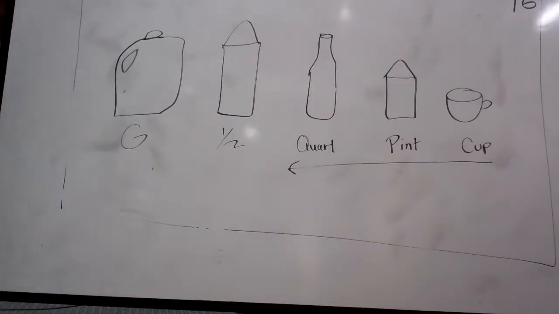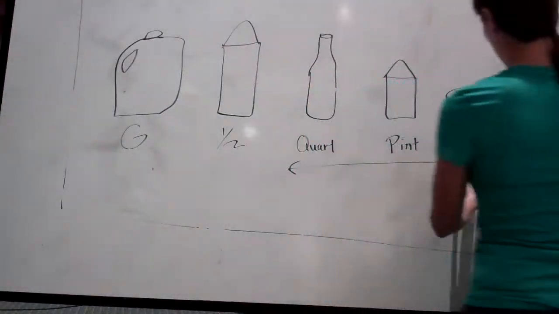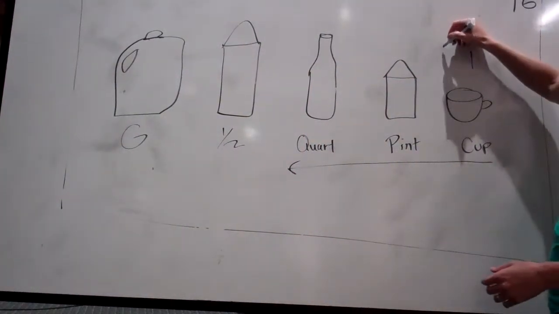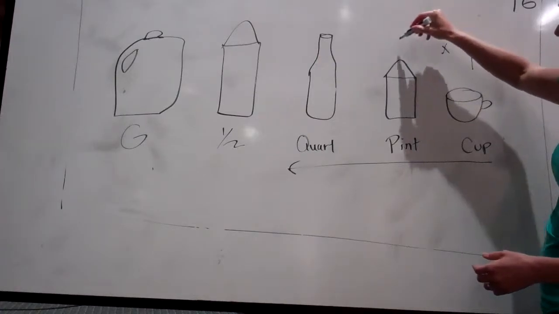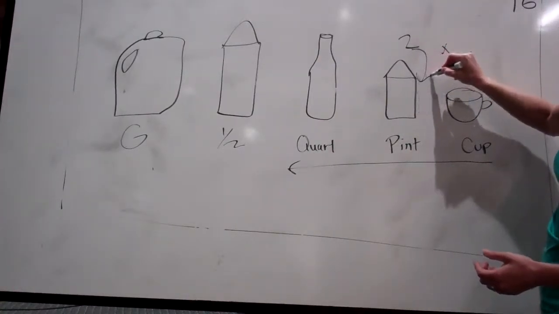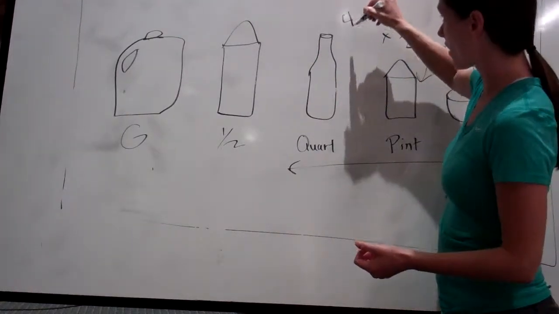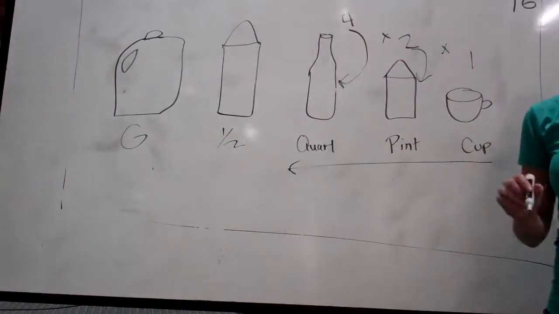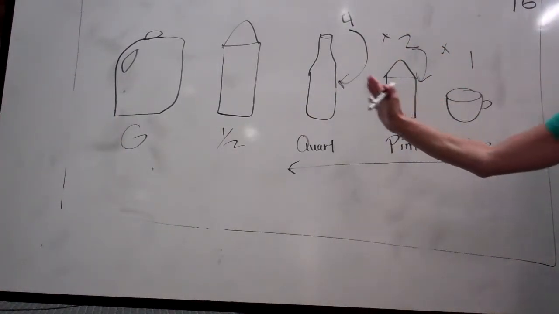So now if I ask you, for example, Steve drinks 8 cups of water a day. How many quarts is that? So what do we do? If there was 1 cup, then 2 cups would equal a pint, and 4 cups would equal a quart. You see what I did? I just multiplied by 2 each time.